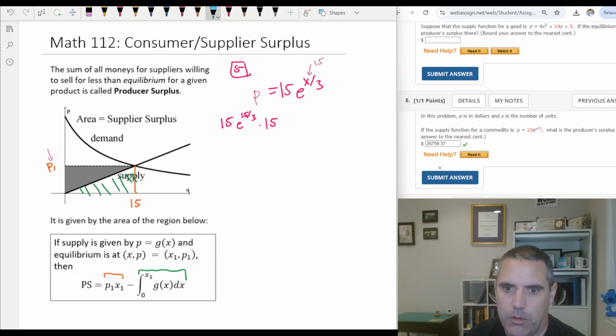So let's sort of follow through the formula. This is what we're calling P1. This is what we're calling X1. And that's the area of the box. And then you're going to subtract the area of the integral. And the integral is going to be 0 to 15 of this.